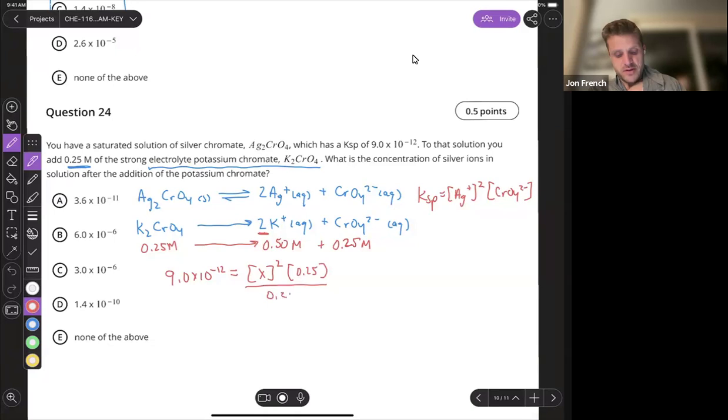So divide by 0.25 on both sides. I get x squared equals, so let's see, divided by 0.25. All right, 3.6 times 10 to the minus 11, square root of that.